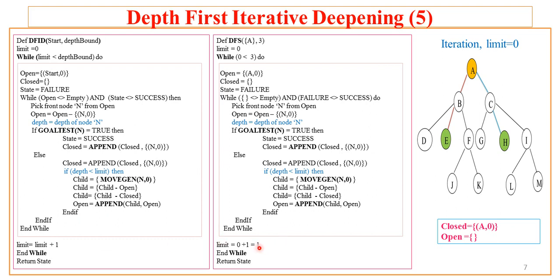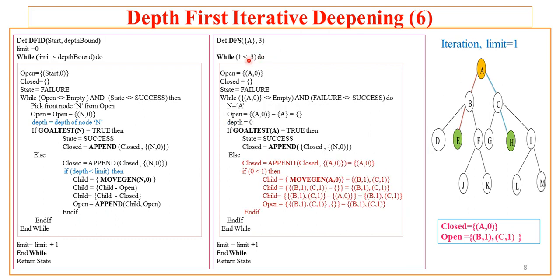So with this limit value 1, it will again repeat the whole process, taking A as a starting point, but this time as limit is 1, it will first access limit 0 element and then limit 1 element, that is depth 0 element and depth 1 element of the given state space. Let us see this in the next slide.